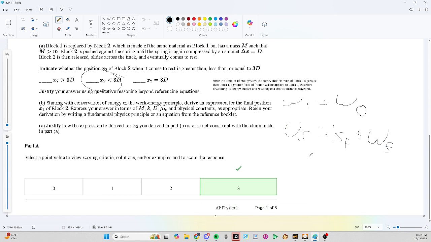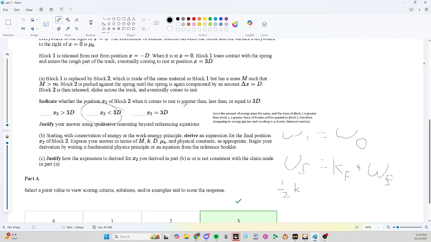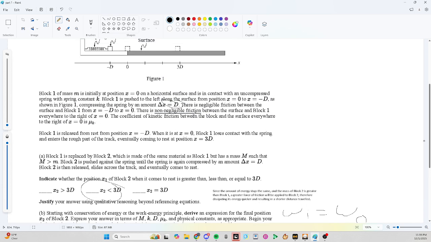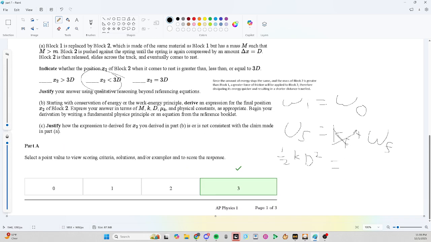And then we know that the potential energy of the spring is equal to 1/2 k delta x squared. The delta x, they tell us, is just d, which is the length of the compression. So we just put 1/2 k d squared is equal to, and since the block stops moving, there is no final kinetic energy.